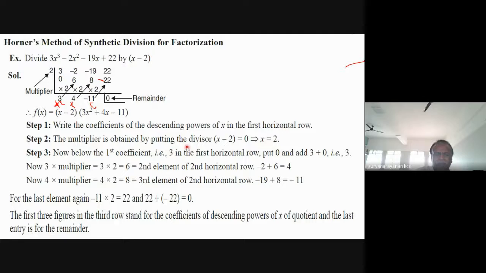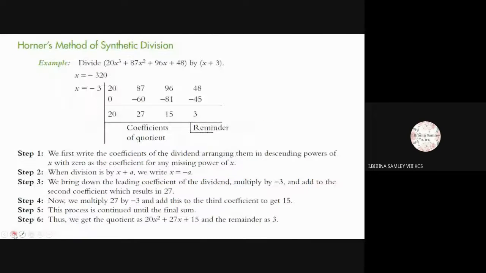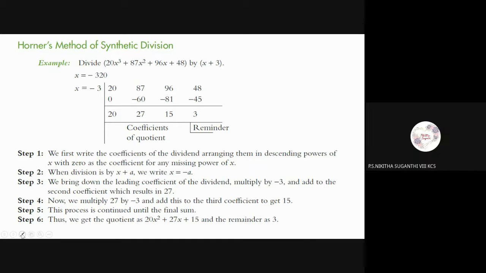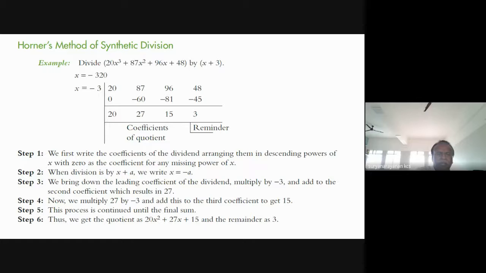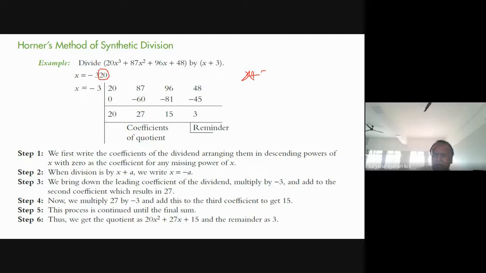We take the constant term to the right side of the equal sign, so the multiplier is minus 3. How do you get the multiplier? X plus 3 is equal to 0. Write this equation; that is the second step.